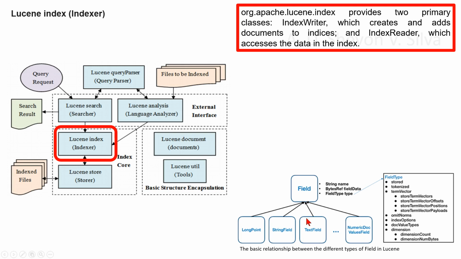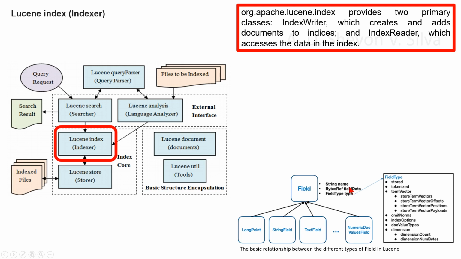This figure shows the basic relationship between different types of field in Lucene. All field types inherit from the class Field. The field has three main attributes: name, string, and field data, bytes ref, and type, field type. Attribute name is the name of the field.